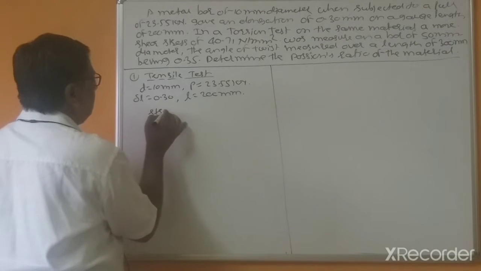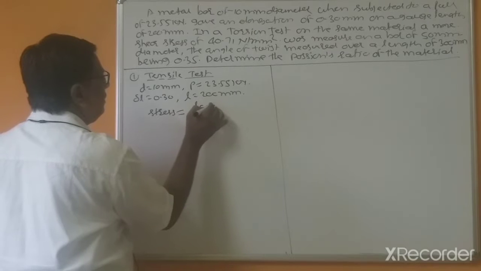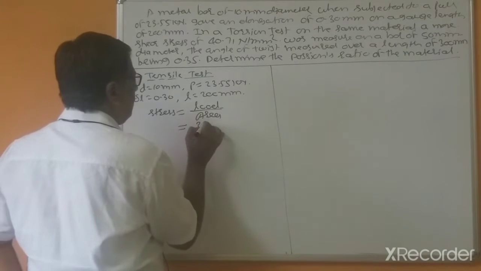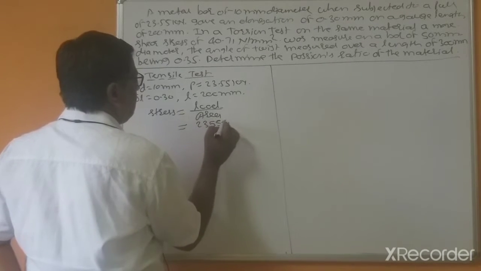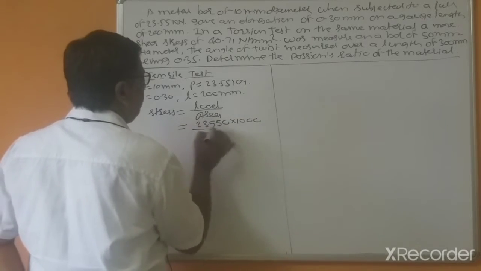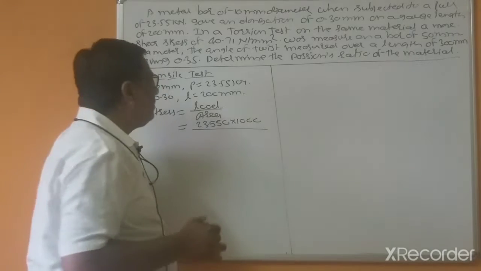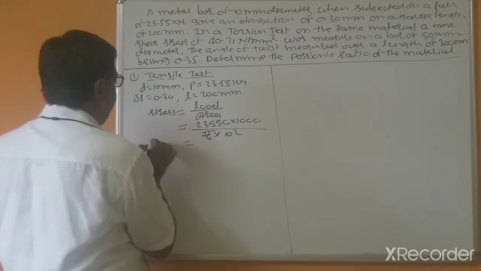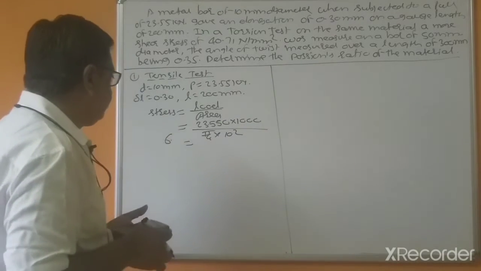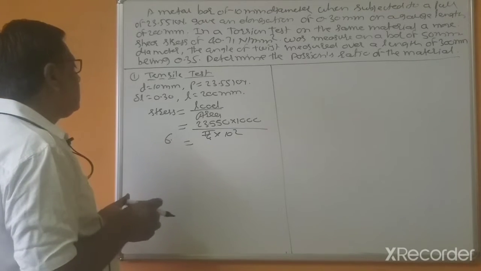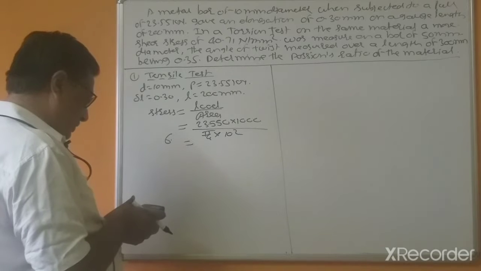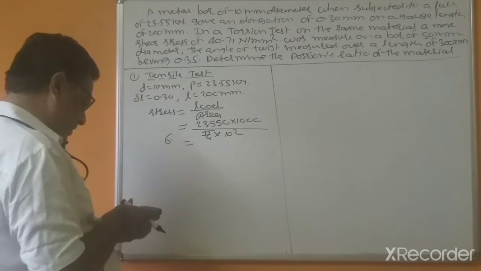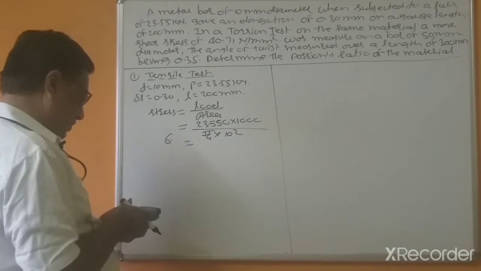Stress equals load divided by area. Load is multiplied by 1000 because this is kilonewton, and area is pi by 4 into 10 squared. So stress equals 23.5 multiplied by 1000 multiplied by 4 divided by pi divided by 100.